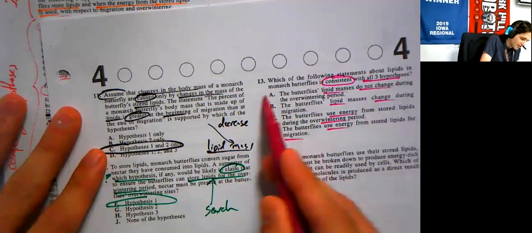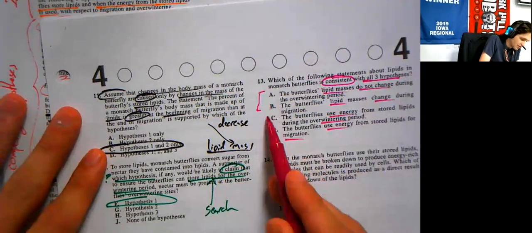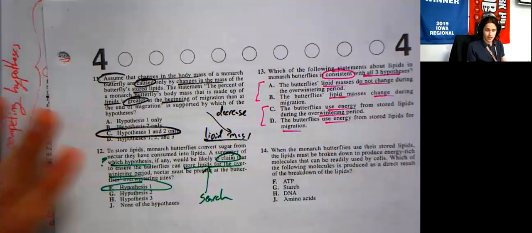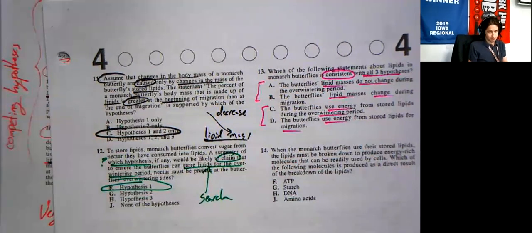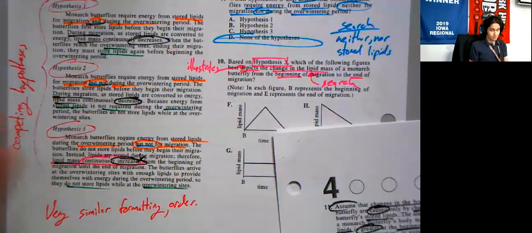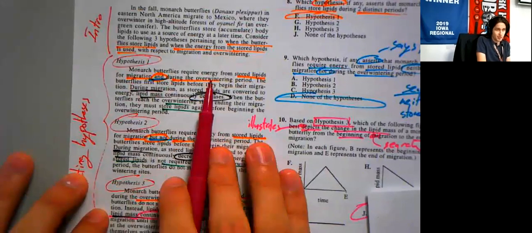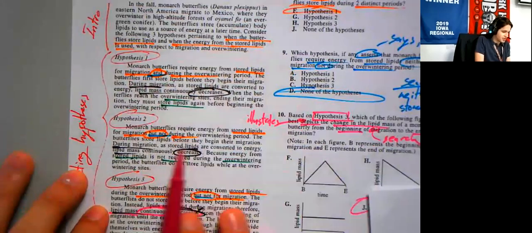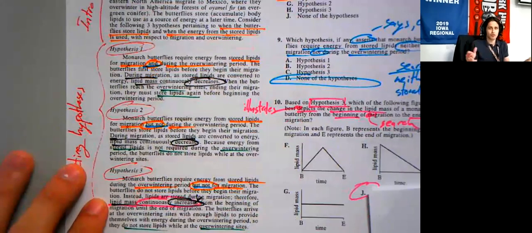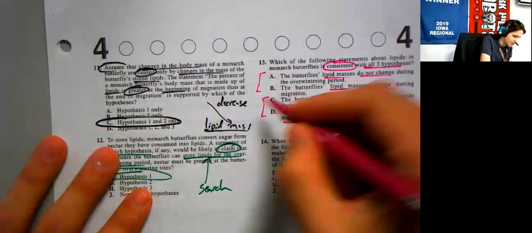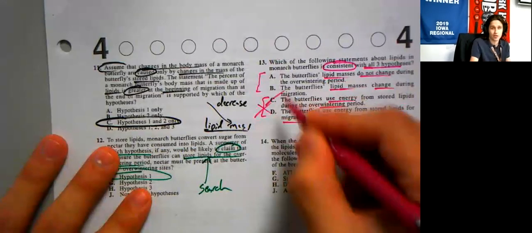Okay, so I kind of look like I have some pairs of answers talking about either lipid mass or the use of energy. Does everybody use energy in the same place? No, if you've been paying attention, you found that some use energy for migration, some overwintering. Okay, this says not overwintering, this says not migration. So they don't agree. So they don't all say one or the other. So you can cross out C or D.